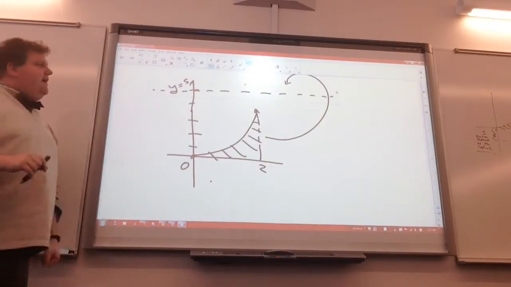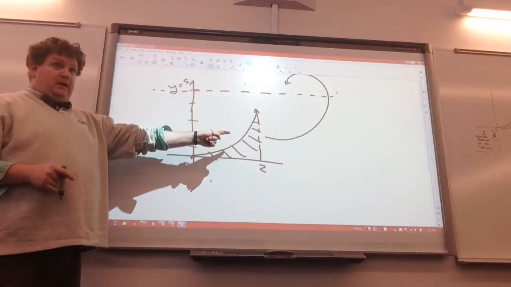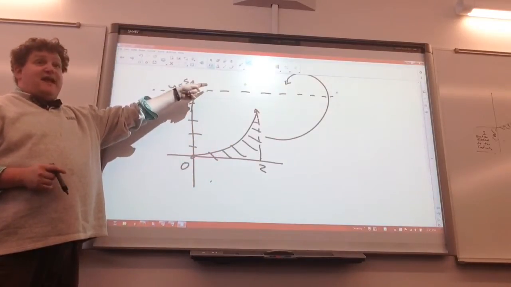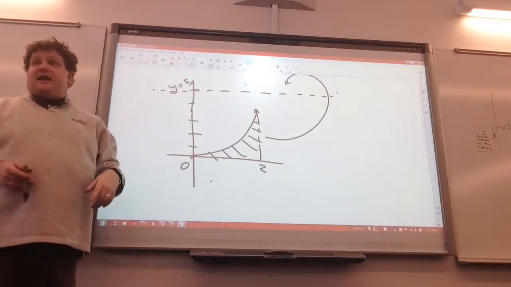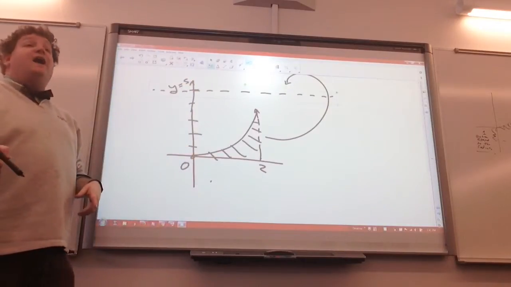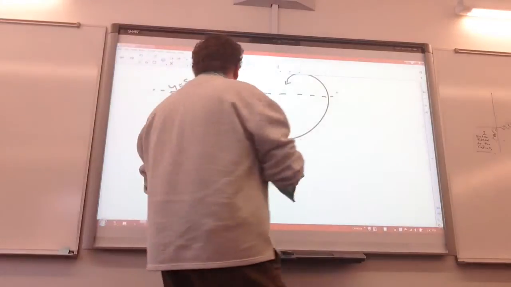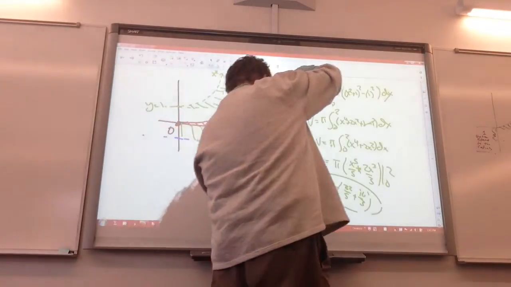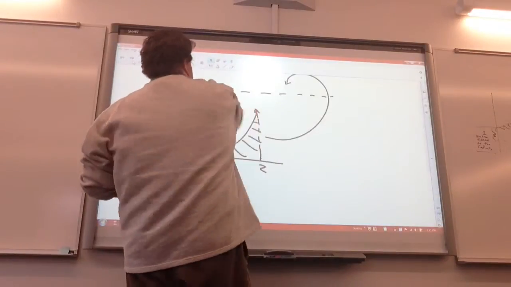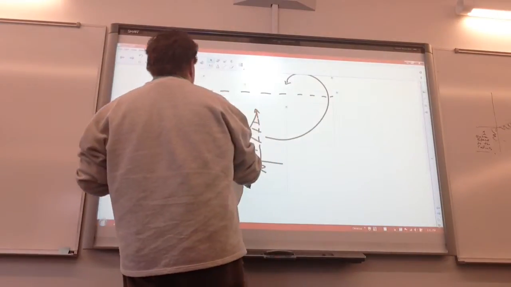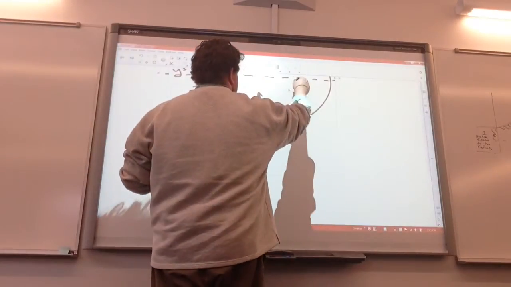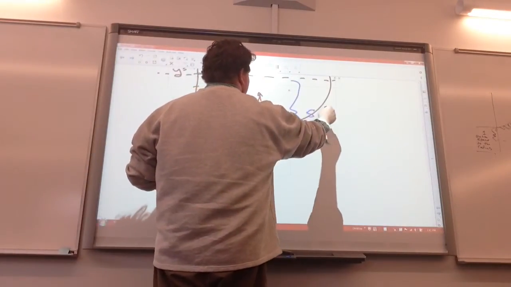So if I adjust this so that this curve right here, y equals 5, is my new x-axis, what do I have to do to everything? Subtract 5. It'd be like taking this system right here and shuffling it down 5 spaces.